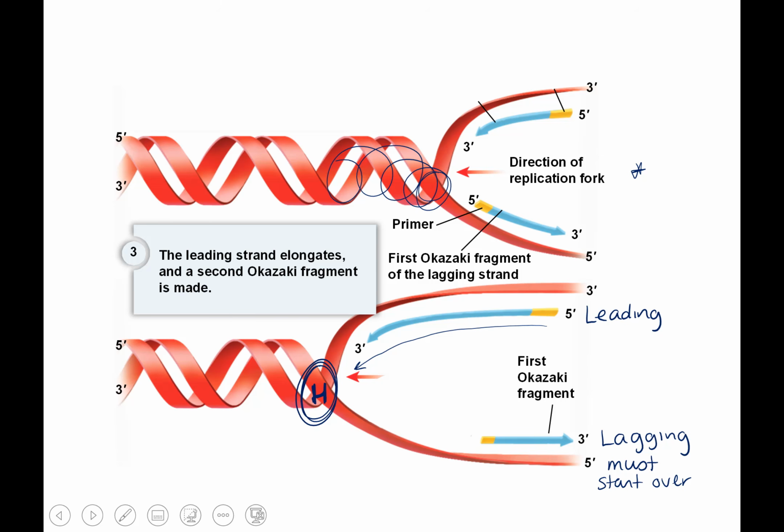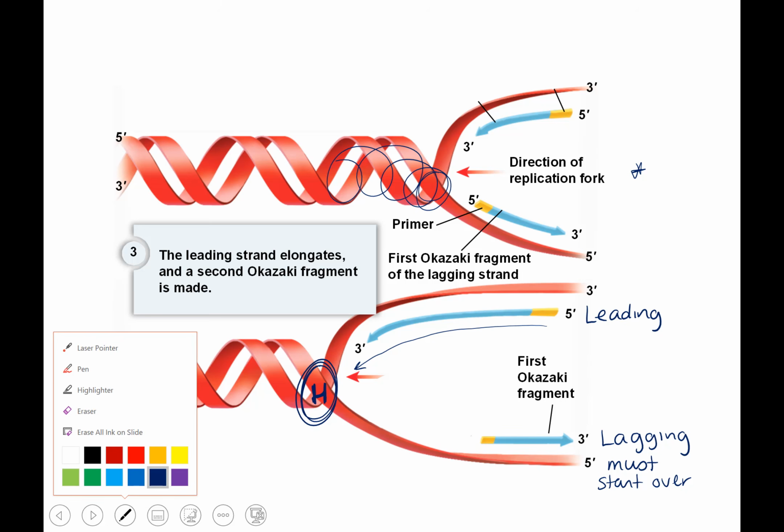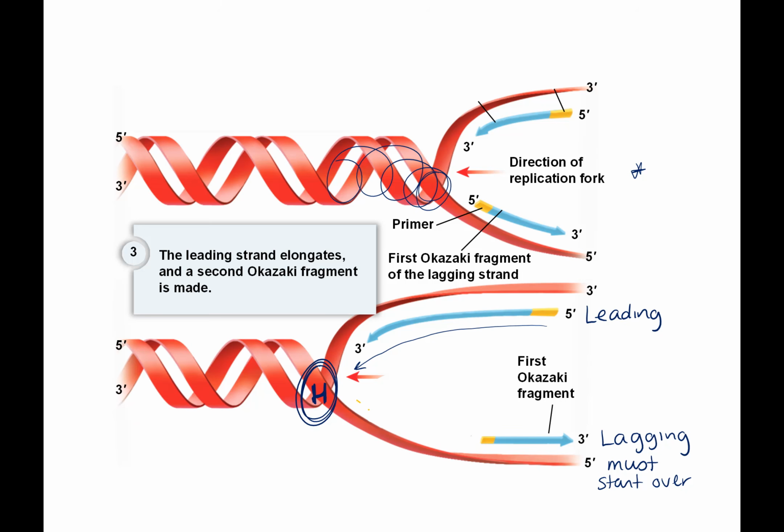That means that as the replication fork opens, we have to make a new RNA primer, and then we have to put DNA polymerase back on to copy some more DNA. So do you see how this is continuous?